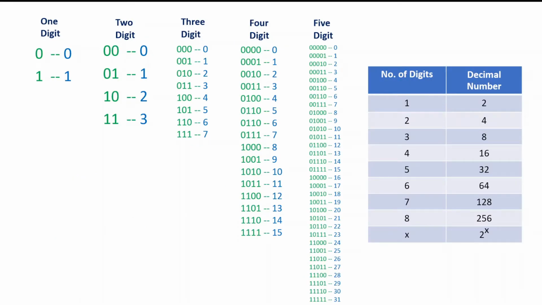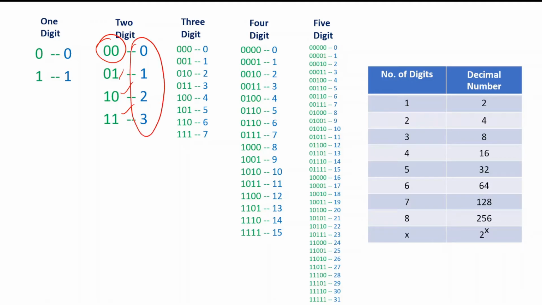If we have one binary digit, there are two possible combinations, 0 and 1. That means we are able to represent two decimal numbers with one digit. If we have two digits of binary, there are four possible combinations, 00, 01, 10, 11. That means we will be able to represent four decimal numbers, 0 to 3.